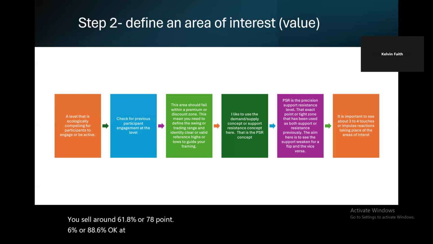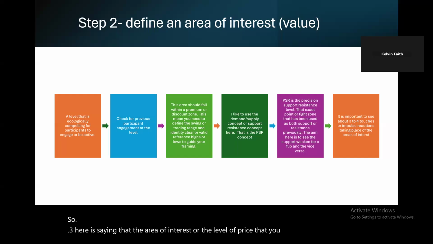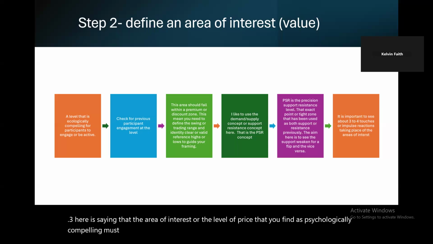So this point three here is saying that the area of interest, or the level of price that you find psychologically compelling, must fall within, or is better if it falls within, a premium or a discount zone.